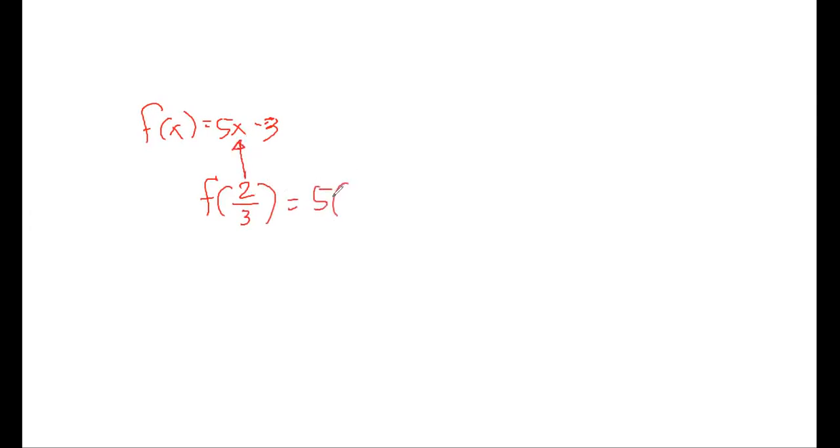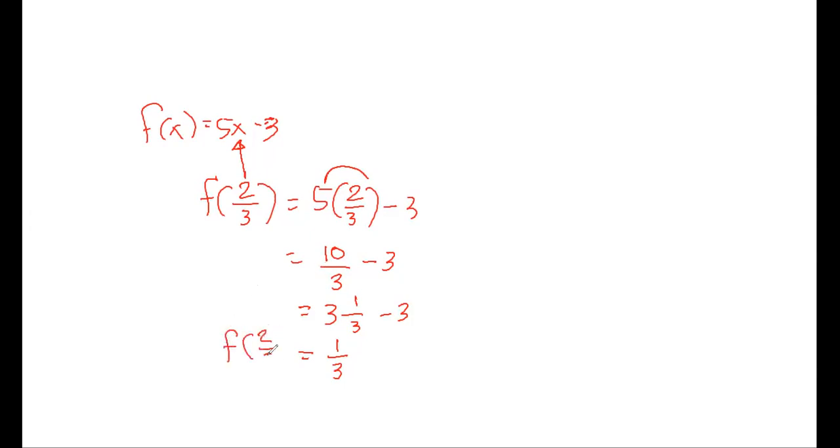So we have 5 times 2/3 minus 3. 5 times 2 is equal to 10 over 3 minus 3. 10 over 3 is equal to 3 1/3. We subtract 3. The answer is 1/3. So f of 2/3 is equal to 1/3. Now you check this with your module or with your lecture notes.